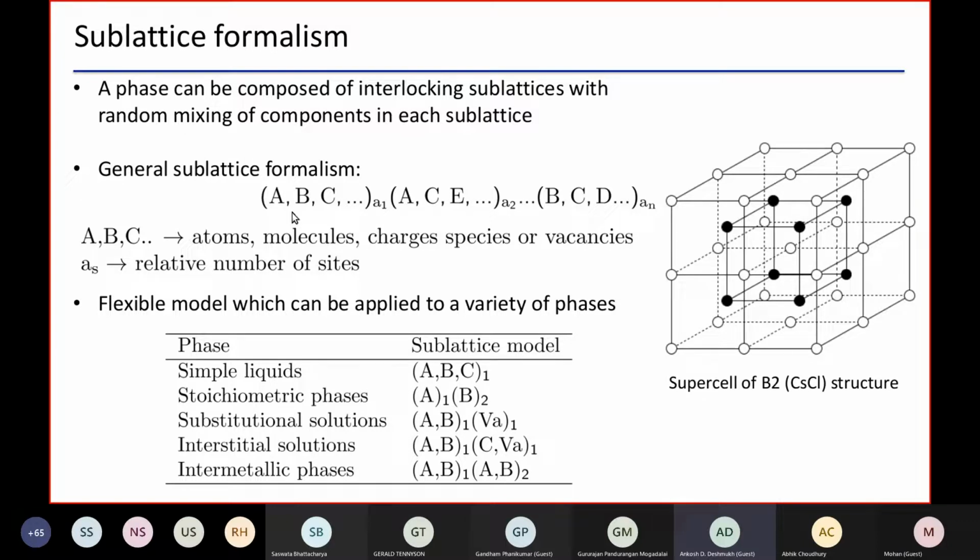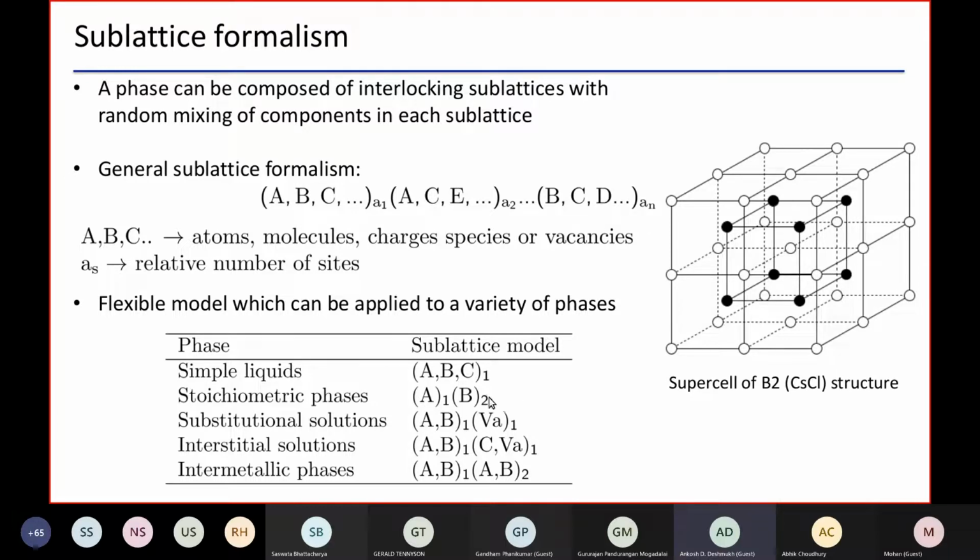For example, for liquid, we always tend to have one sublattice which is a uniform mixture of all atoms. And the stoichiometric phases, for example, Ni3Al, where we consider the two-phase ordered structure formed in the form of two FCCs.